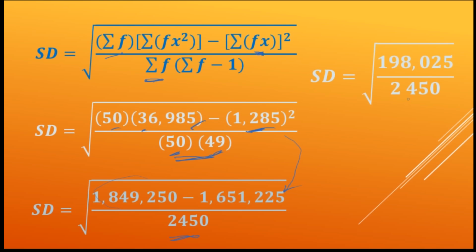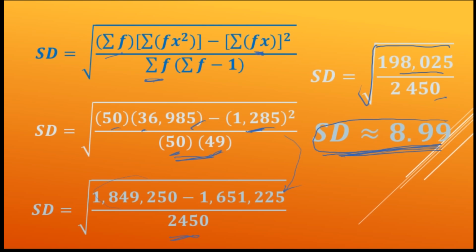After dividing, it is very important for us to find the square root. Otherwise, it is not the standard deviation, right? So what will be the answer? SD is equal to 8.99, almost equal to 8.99. So this is already the answer.